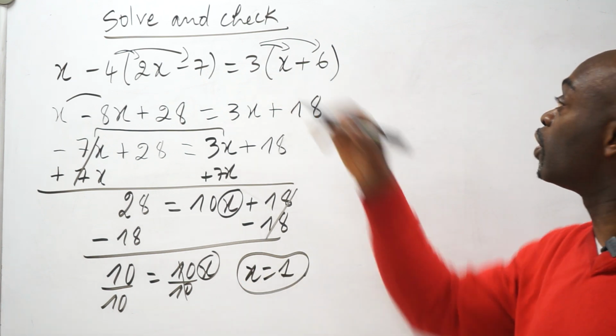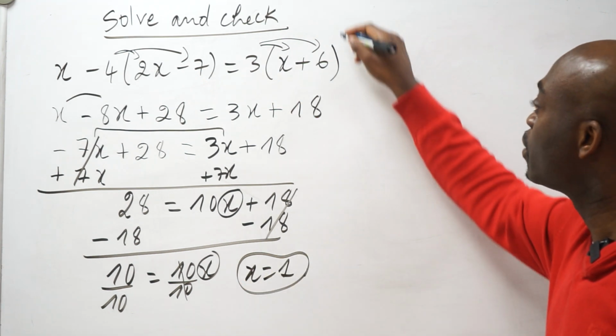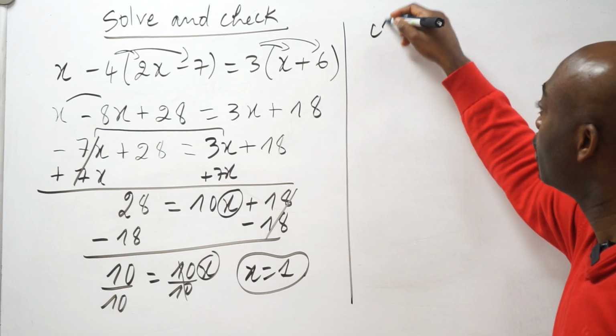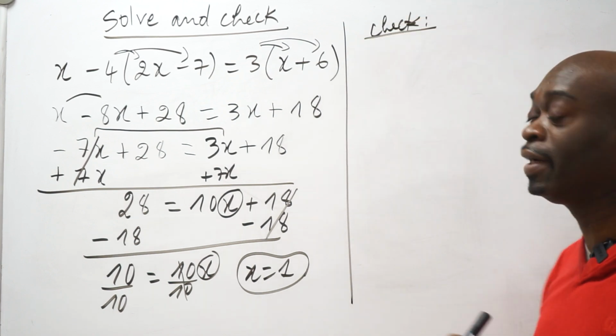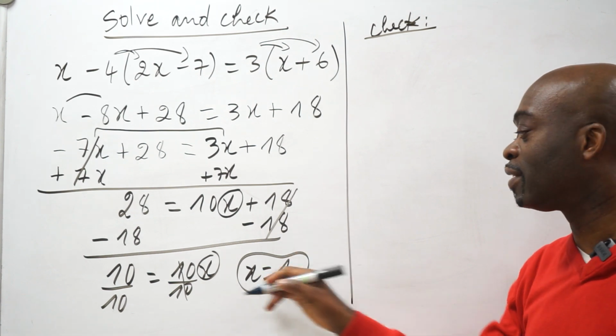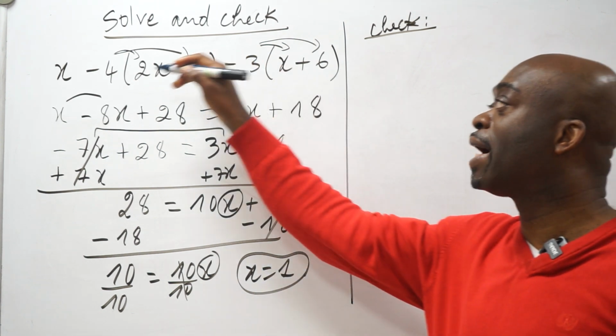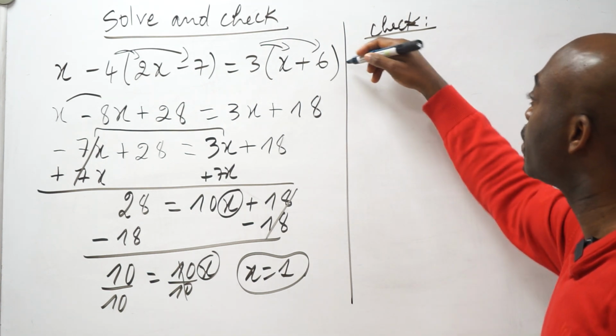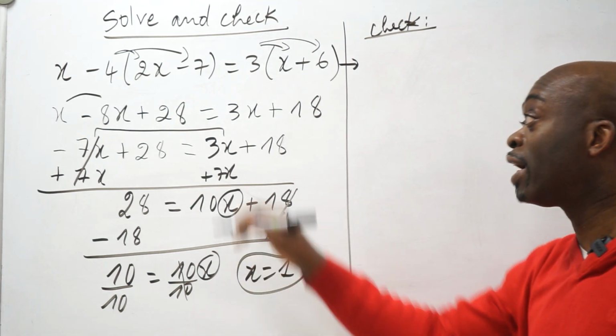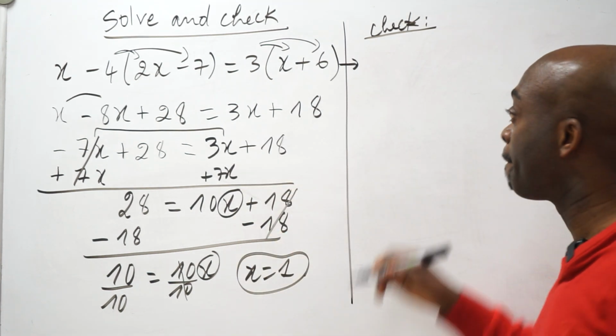To prove it, that's what we're calling checking in this case, right? So to check it, we just go here, and we say we're checking. Checking means you take the answer and you substitute it back into the original equation, which is the one here. Whatever you have x, 1 goes there.